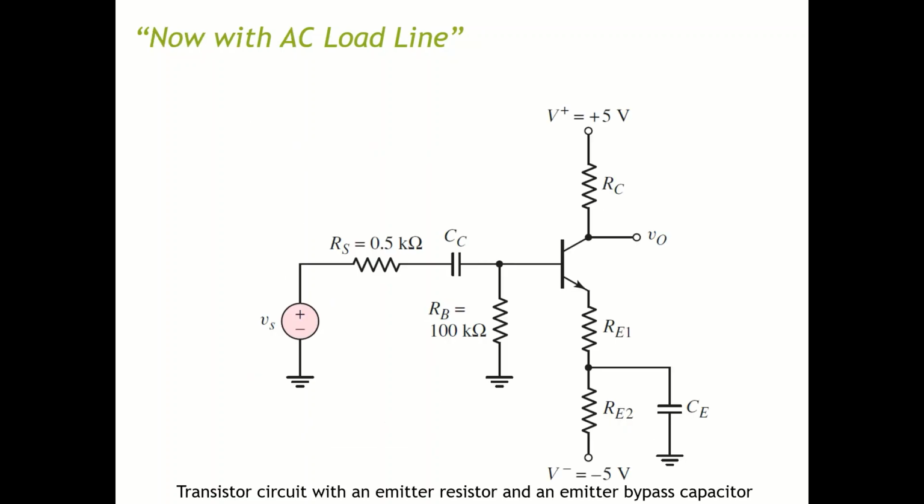So next, we're going to work with the AC load line. Same procedure. We start with applying Kirchhoff's voltage law on the collector emitter loop, which is this loop.